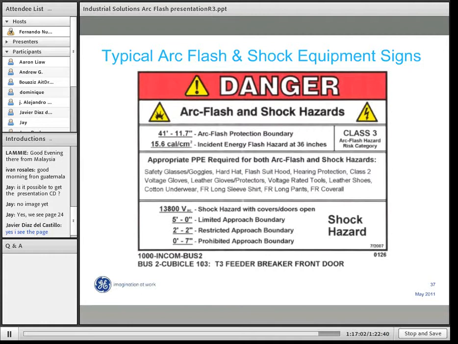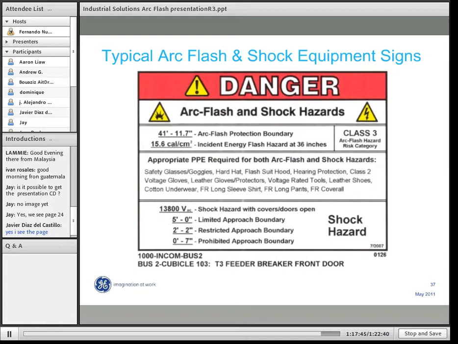So then on your arc flash label, it lists exactly what you need to wear. It tells you the arc flash protection boundary, which is, in this case, within 41 feet. You have to wear this clothing if there is an exposed conductor that you're going to be working on. And it gives you 15.6 calories per square centimeter at 36 inches.